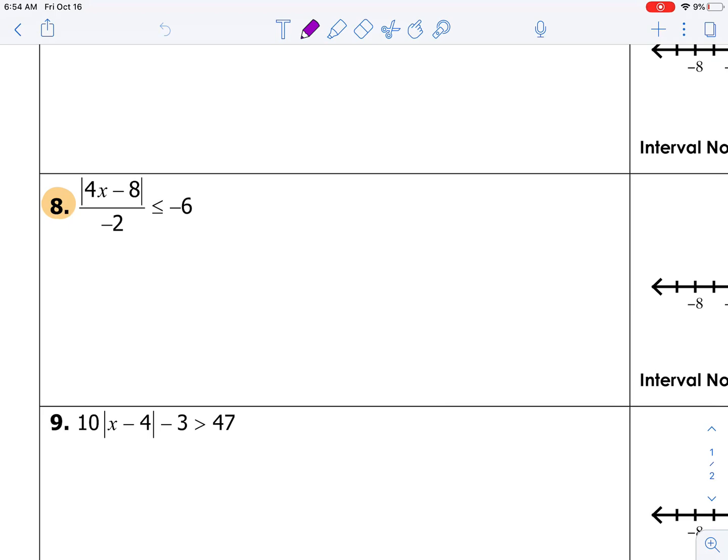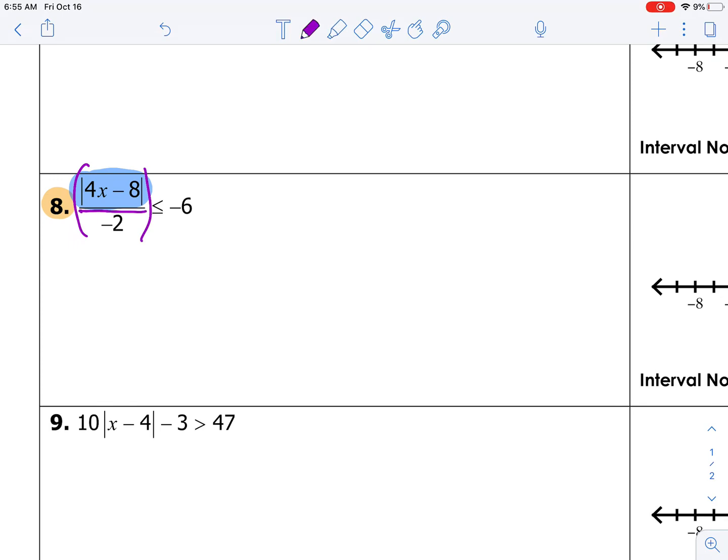But we also have to switch the direction of the inequality when we multiply both sides by a negative number. So we see for this problem that we're dividing this absolute value by negative 2. And remember, when we are working these problems, before we set up our cases, we have to get everything in absolute value isolated so that it's all by itself before we set up our two cases.